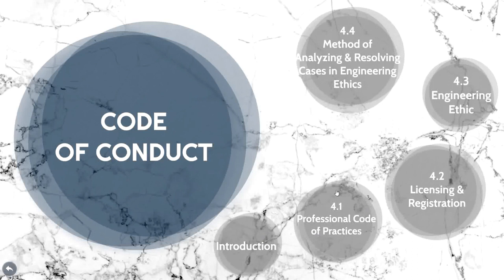Secondly, we have 4.1, which is the professional code of practice. Next, under 4.2 is listing and registrations. Other than that, we are going to briefly explain engineering ethics in 4.3. And lastly, 4.4 is all about the methods of analyzing and resolving cases in engineering ethics. Now, let's go through each subtopic.